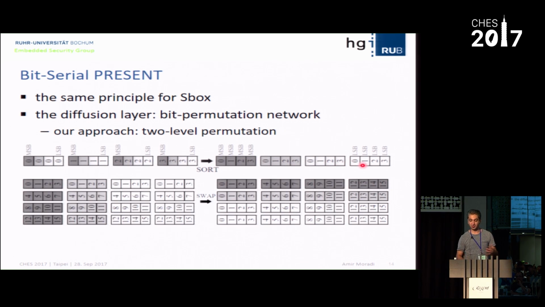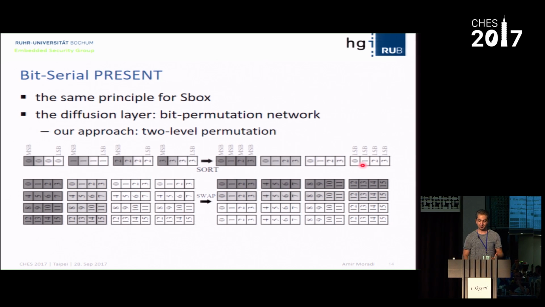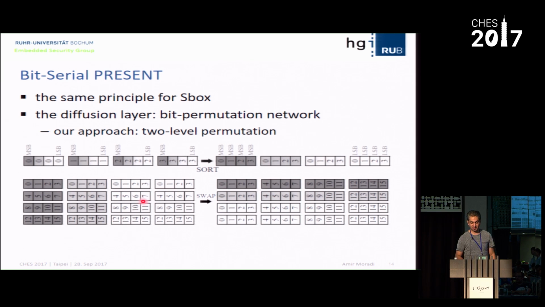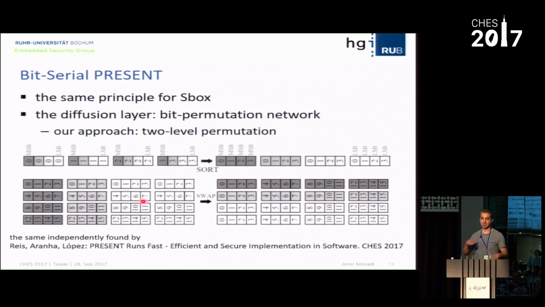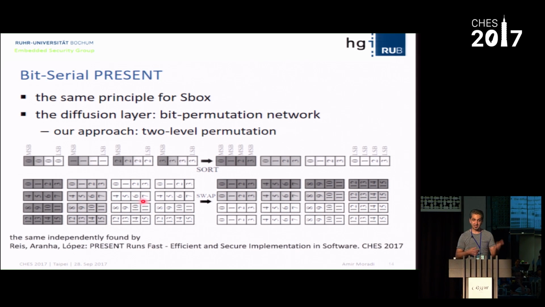After this sort, you do a swap, meaning that you swap the nibbles diagonally. Here you can see 4, 5, 6, 7 is swapped with 0, 1, 2, 3. Here these two are swapped with these two, and so on. In two steps, you can apply the bit permutation of PRESENT. I can comment that this is the same concept independently found by the second talk of this session, PRESENT runs fast.